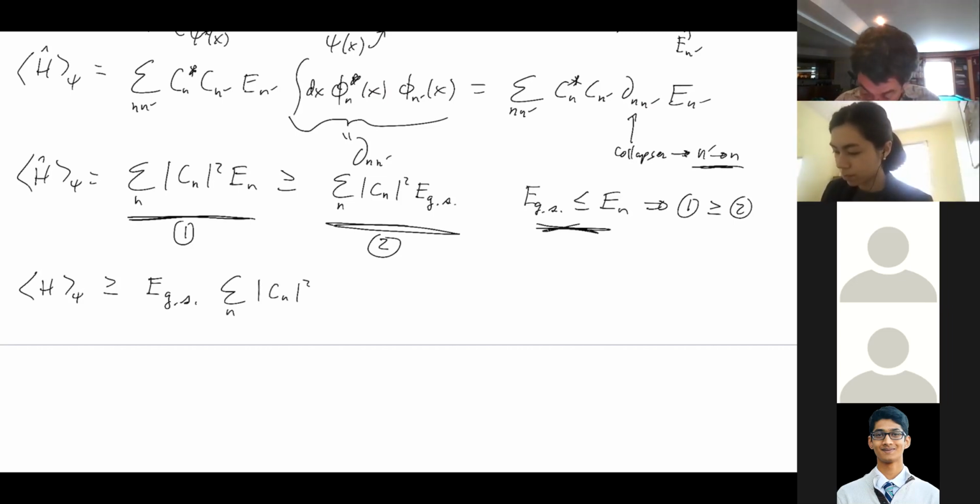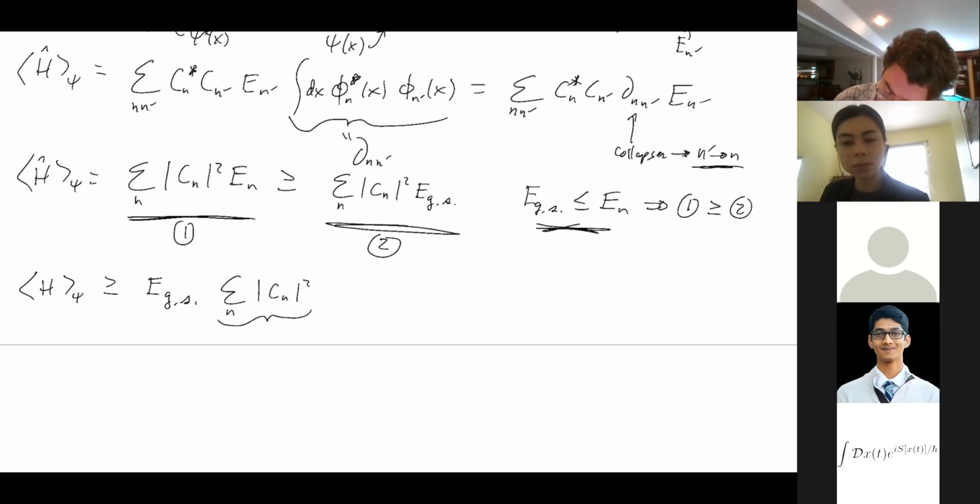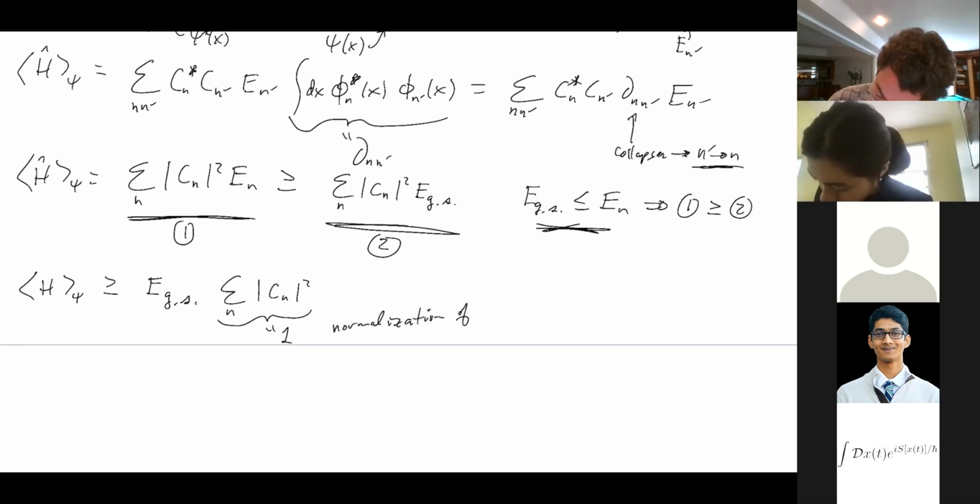But what then is this sum over C_n squared? Can somebody tell me what that is? It's 1. Right, it's equal to 1 because of the normalization of psi, because I started with the normalized psi.